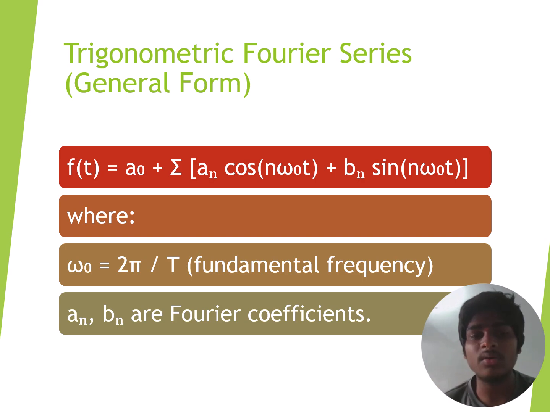Here a naught is the constant term of the periodic function, a n and b n are Fourier coefficients, omega naught equal to 2 pi by capital T is the fundamental frequency, and capital T is the time period.